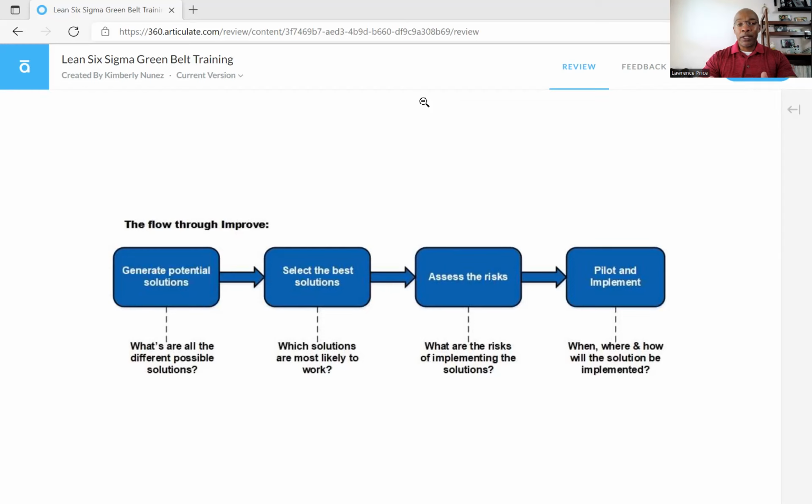then pilot and implement. As I've alluded to already, there are several ways of facilitating brainstorming sessions with your project team and helping everyone think through the best potential solutions and what the risks are. What I find, though, with most Lean Six Sigma practitioners and many of the folks they may be working with as part of the project team, is that the challenge is not coming up with solutions.